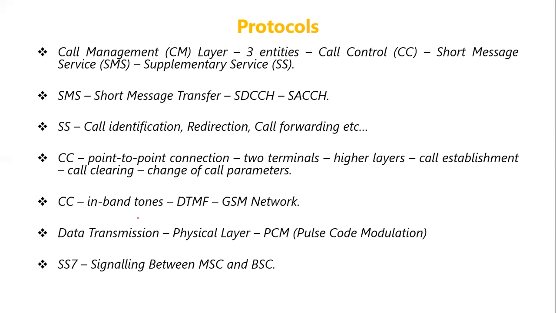And then the second layer is LAPDm, which is a light version of LAPD, which does not include synchronization and error correction because that is already taken care of by layer 1.